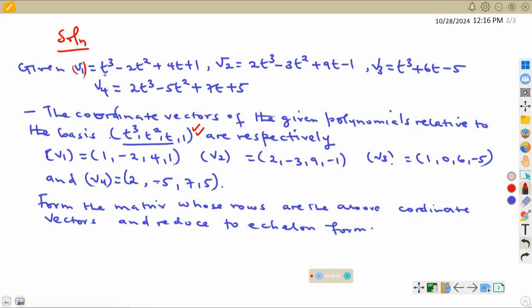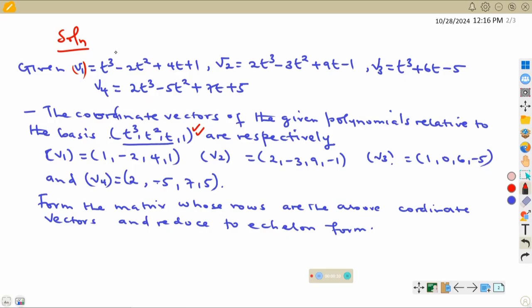Now, from the given polynomials V1, V2, V3, and V4, we shall be interested in getting the coordinate vectors. So we shall obtain the coordinate vector of each of these polynomials relative to what we call the standard basis.